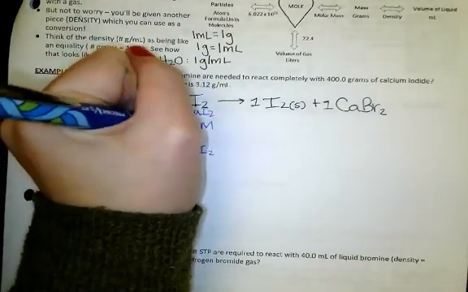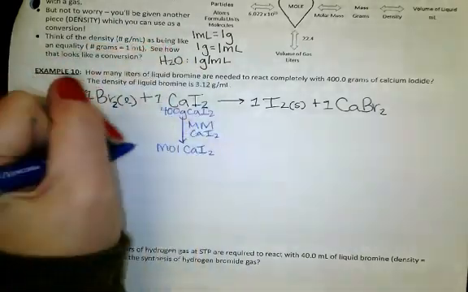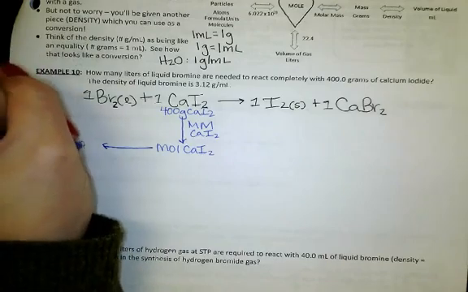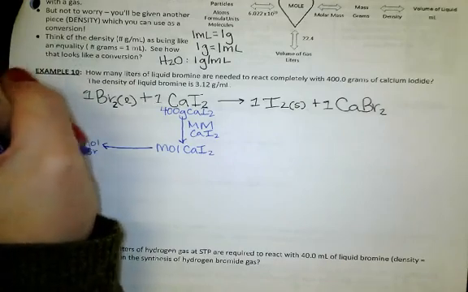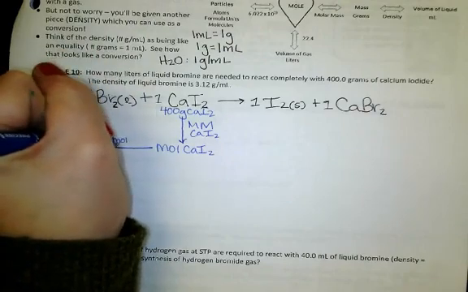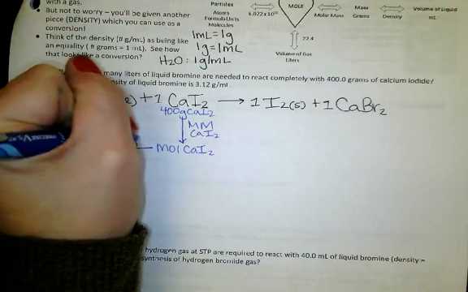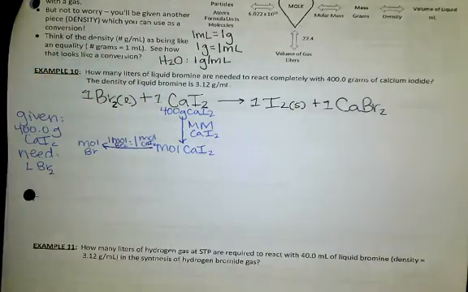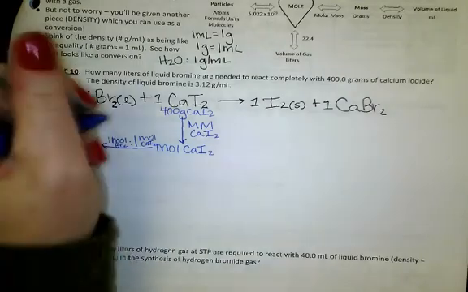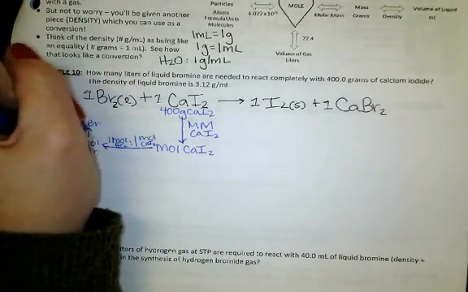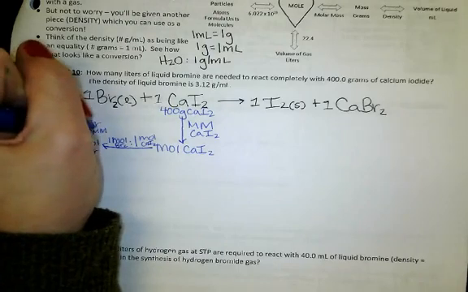Then we're going to convert moles of calcium iodide to moles of bromine using our coefficients. It's a 1-to-1. 1 mole of bromine to 1 mole of calcium iodide. Okay. And then we're going to convert moles of bromine to grams of bromine using the molar mass. And now this is Br2.